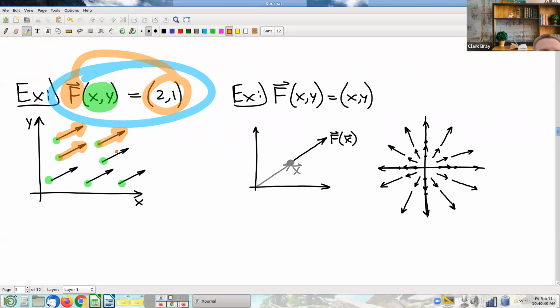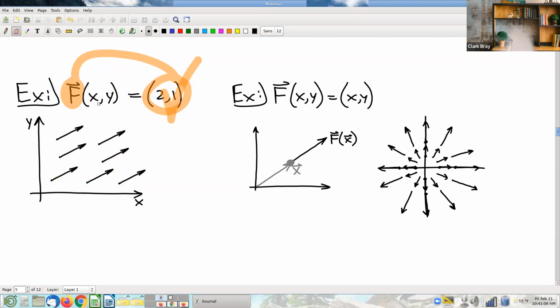And so now keep in mind that it looks like I'm drawing a bunch of different vectors here. I'm not. I'm drawing the same vector over and over again at these different points. Right? You could say I'm drawing different arrows, but they all represent the exact same vector. Okay, same direction, same magnitude, same vector.